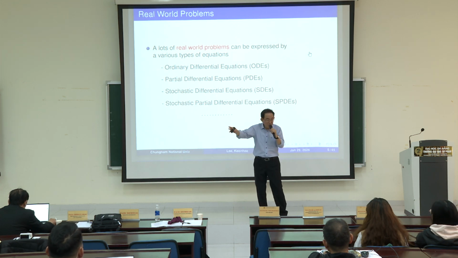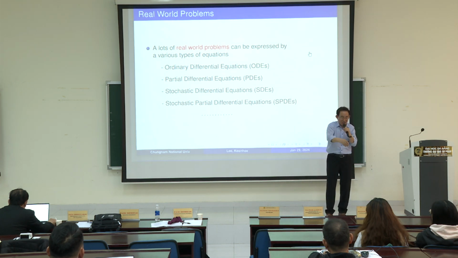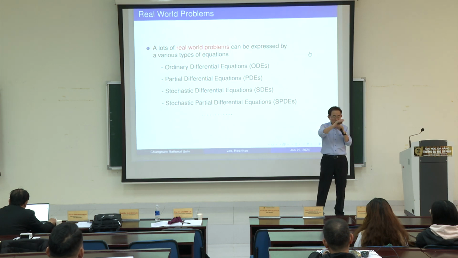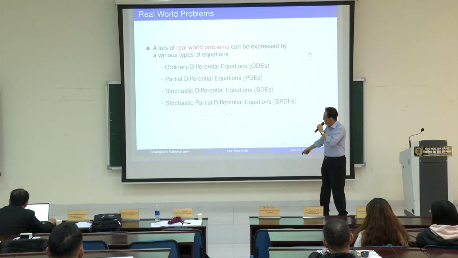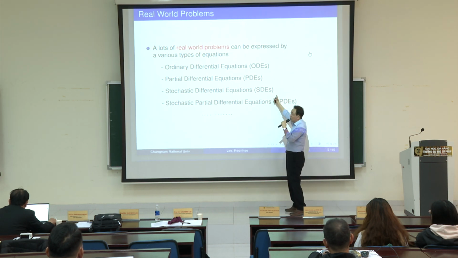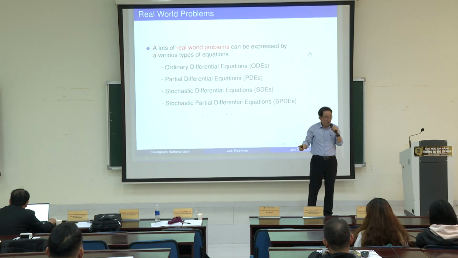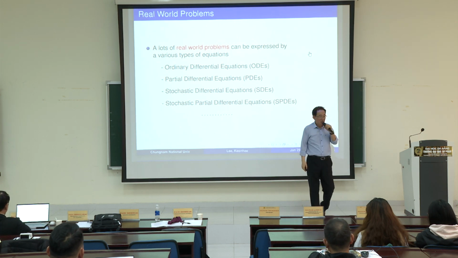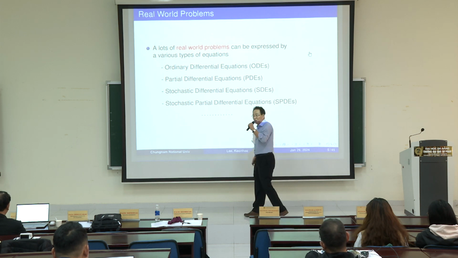Sometimes a phenomenon can be expressed by an ODE, sometimes by a PDE. Among the PDEs, there are many, such as the Navier-Stokes equations and reaction-diffusion equations. A stochastic equation is an ODE with a noisy term, or a PDE with a noisy term. So real-world problems can be expressed by many different types of equations.